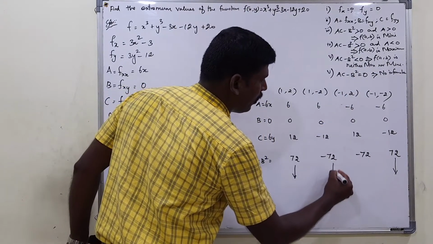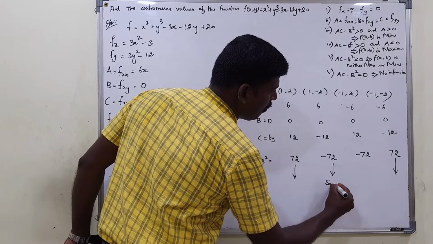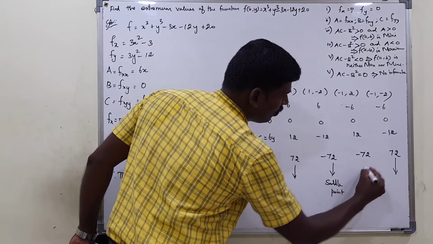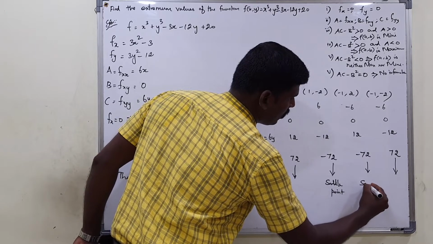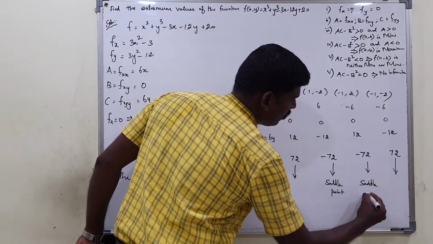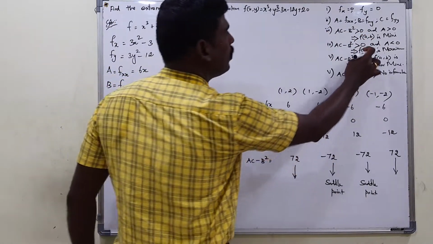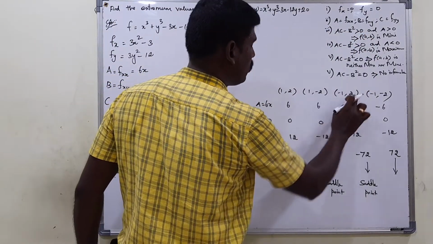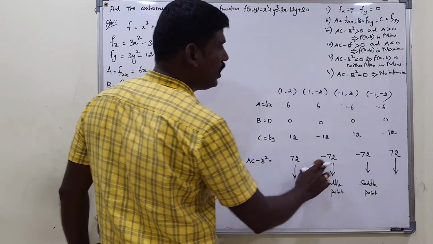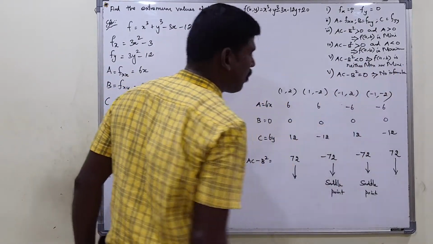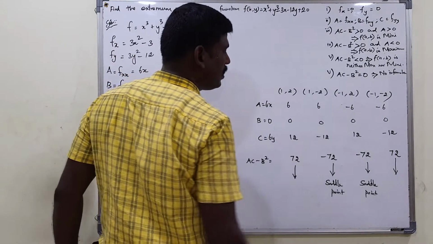That means a saddle point. These 2 points are called saddle points. Why? Among these 2 points, (1, -2) and (-1, 2), AC minus b square is negative. So it takes neither maximum nor minimum. That means these points are called saddle points.